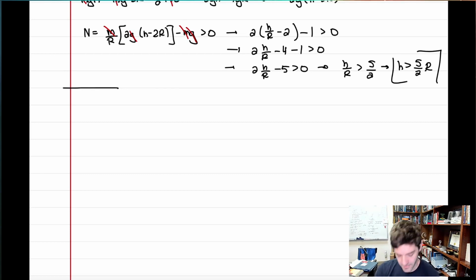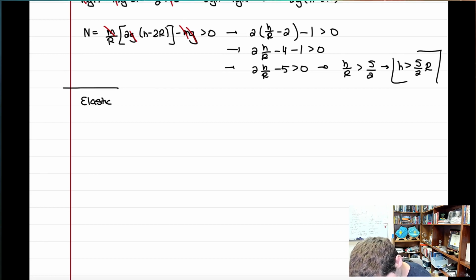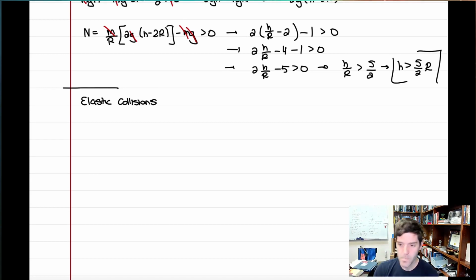Now, let's do one that's all about elastic collisions. We've talked about collisions before, where momentum is conserved.